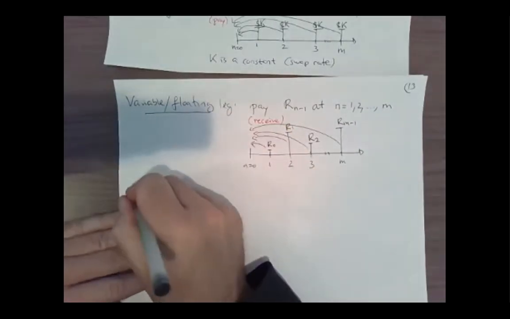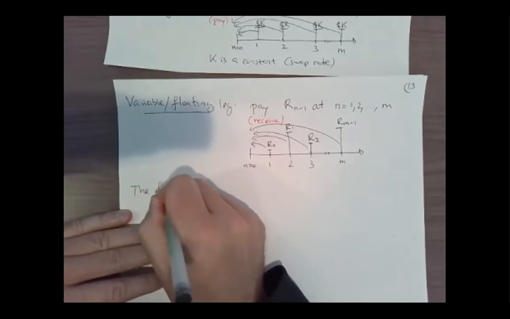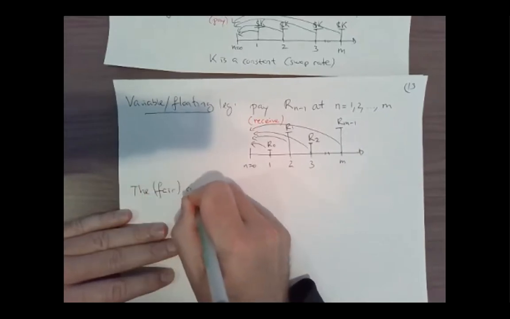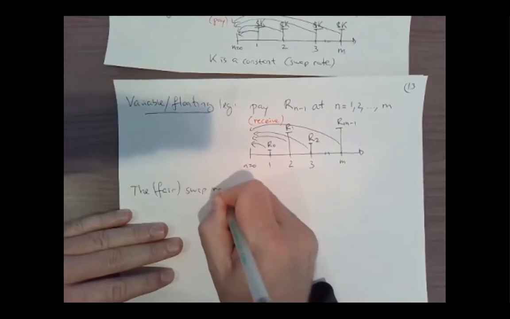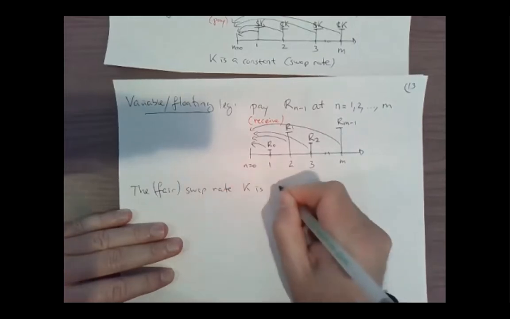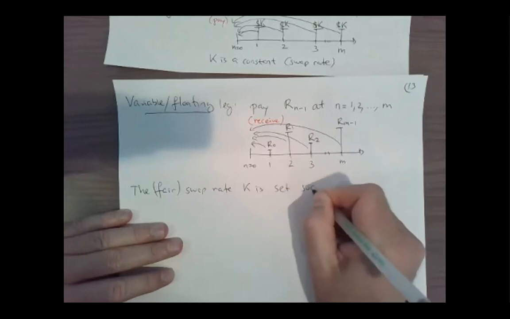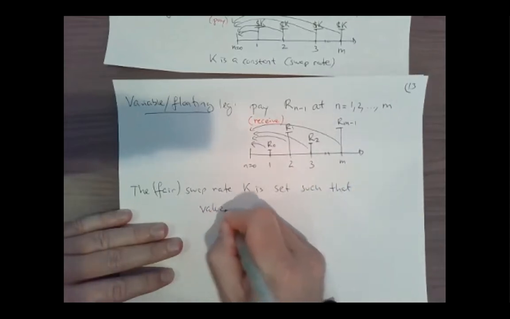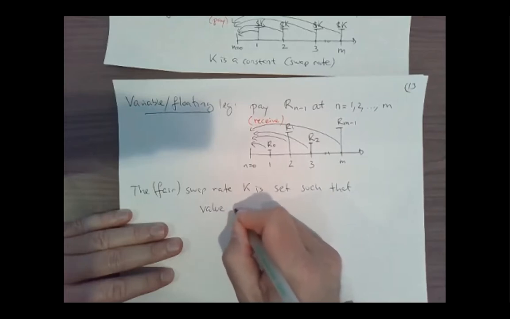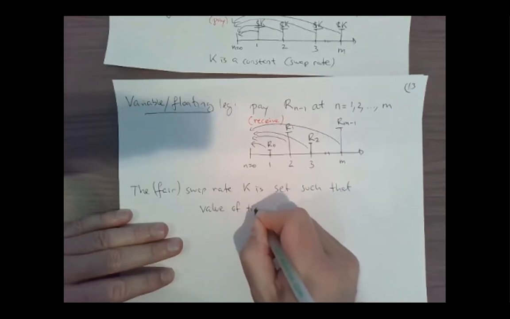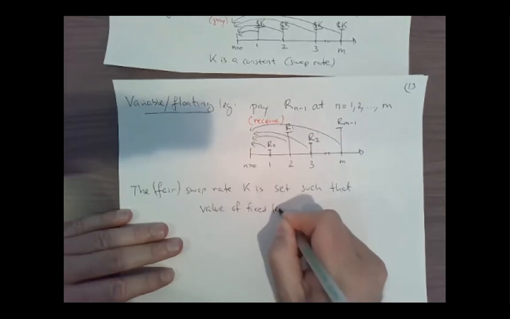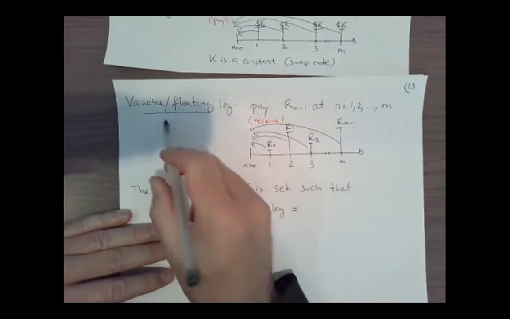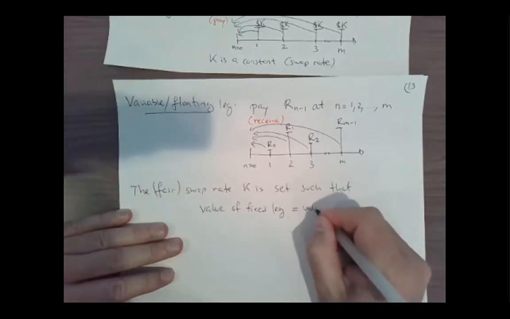And then the constant up here, the fair swap rate K, is set such that the value of the fixed leg is equal to the value of the floating leg.